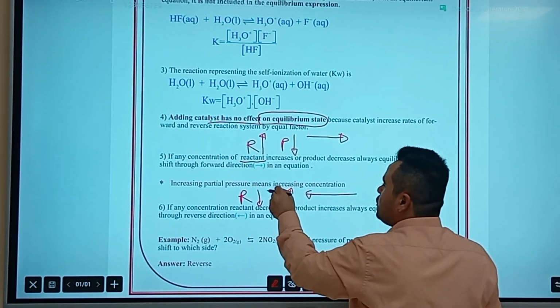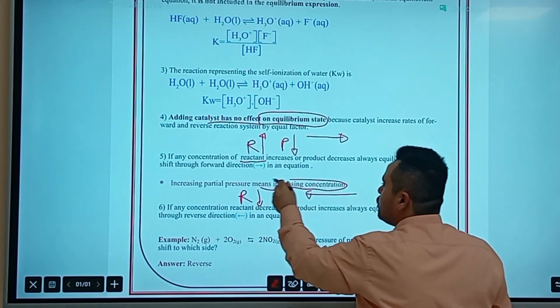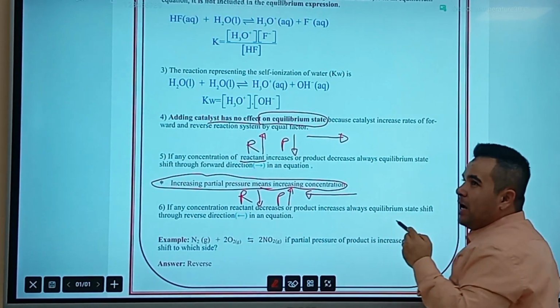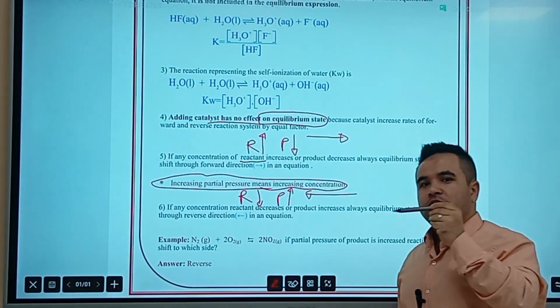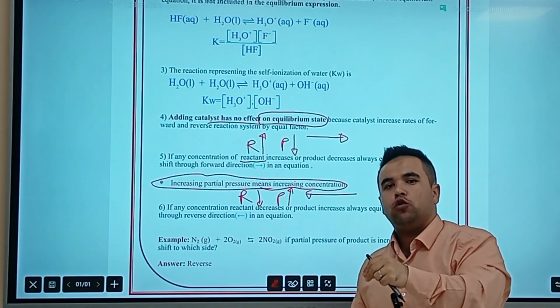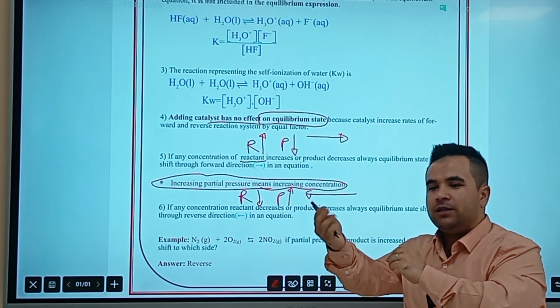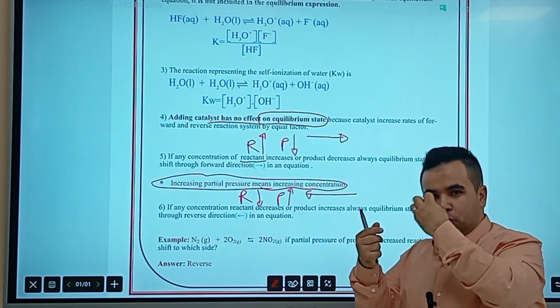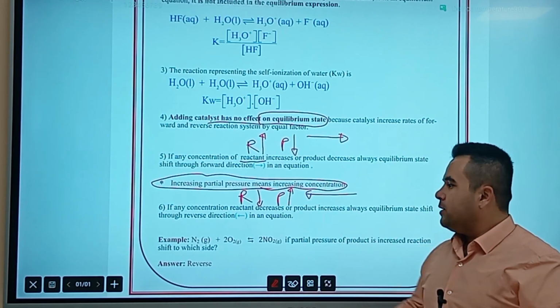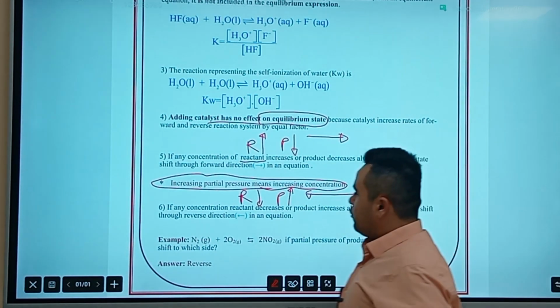Increasing partial pressure means increasing concentration. Increasing partial pressure of a species means we increase the concentration. Increasing concentration favors toward the opposite side. Decreasing the partial pressure, decreasing concentration, favors toward the side from which the gas was removed.